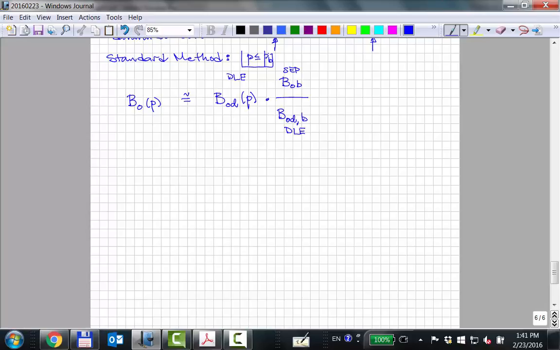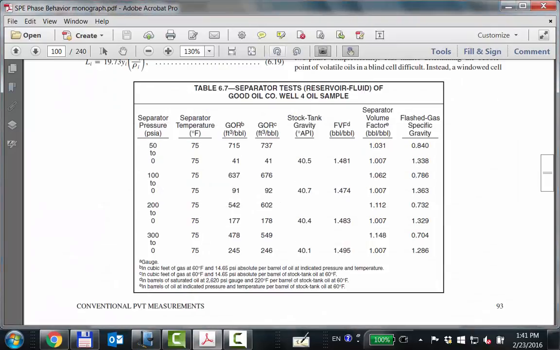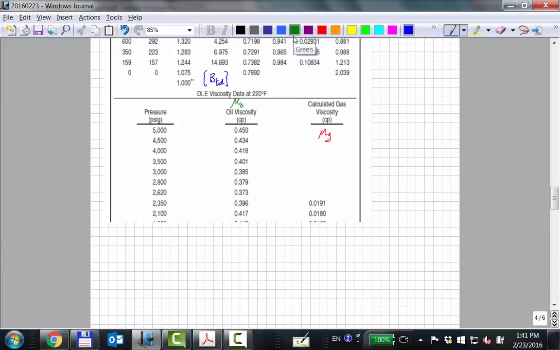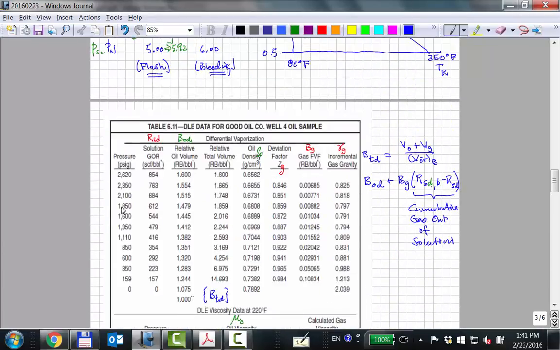Okay. So let's go in and find that differential table up here. Let's just pick a number, 1600.